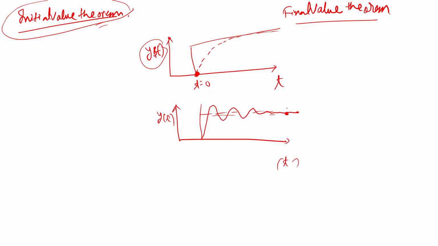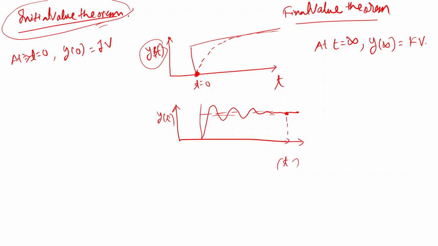So at t equal to 0, whatever the value of y of 0 is, that will be my initial value. Similarly, at t equal to infinity, whatever the value of the function is, y of infinity, that is my final value.